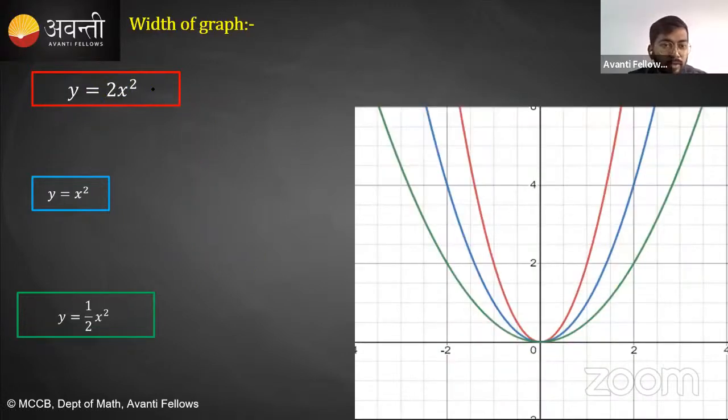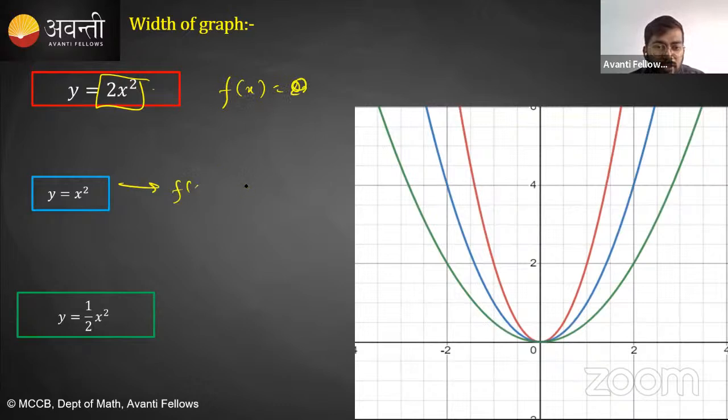Okay. So now when you multiply, consider f of x is x square. So now f of x became 2 times x square, right? So the graph will shrink, right? How can you say?